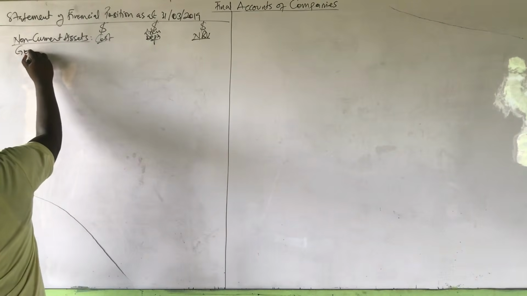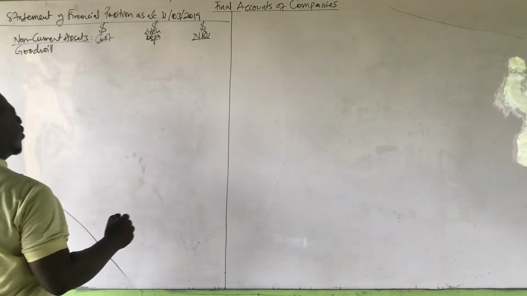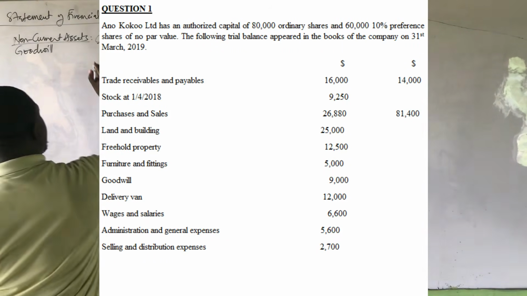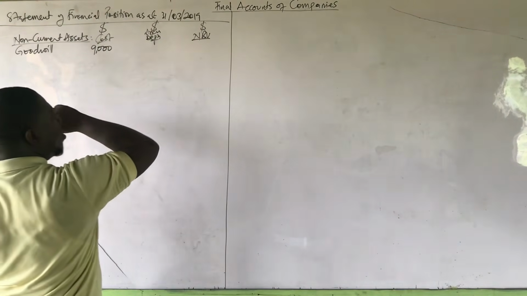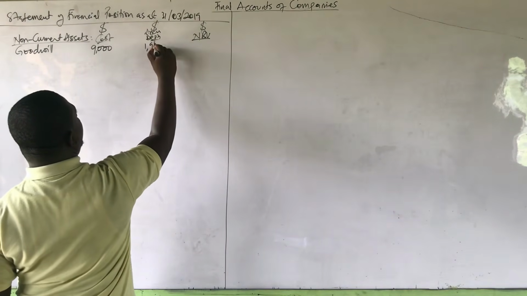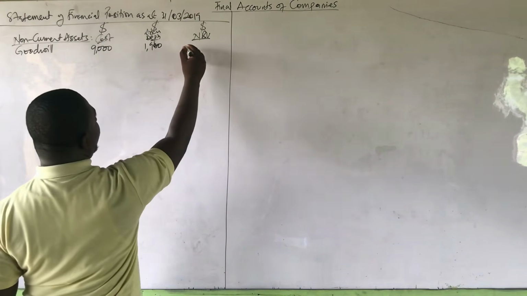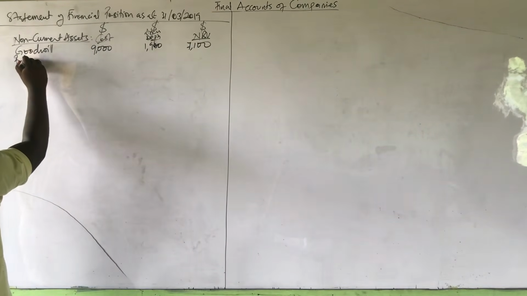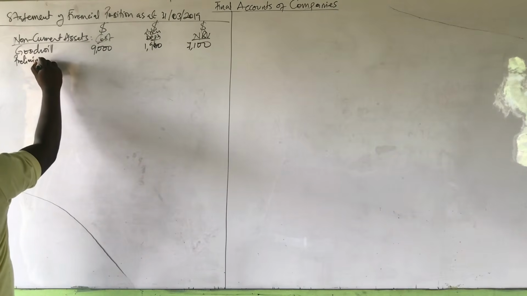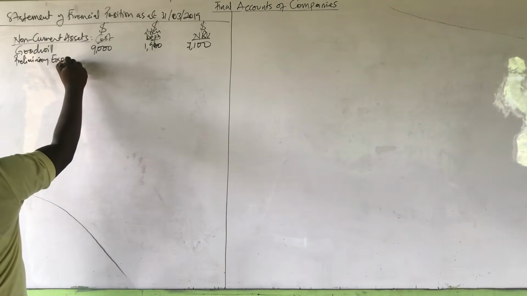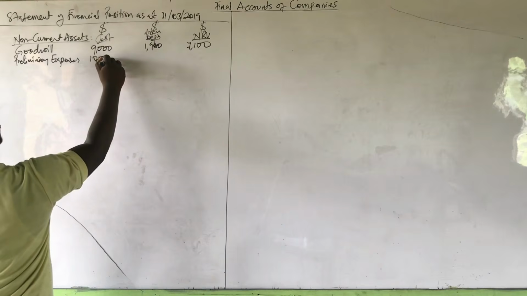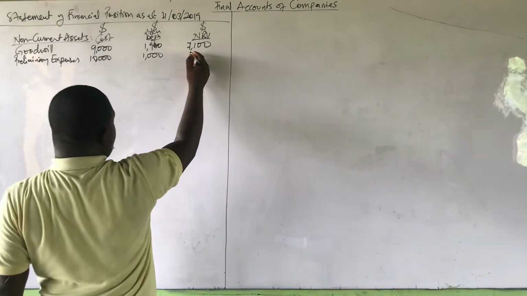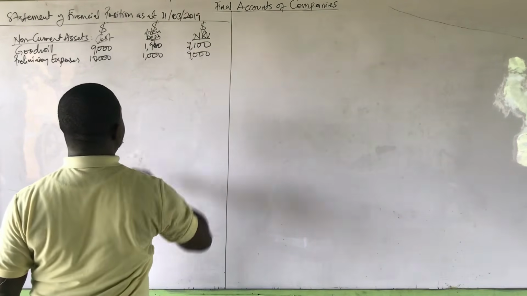So we had goodwill, which is an intangible non-current asset, and the value of goodwill was 9,000 from the question, and then we wrote off 1,900, so that is amortization of goodwill. So we have a final balance of 7,100 for goodwill, and then there was preliminary expense, which I explained to you. The value was 10,000. We wrote off 1,000 also as amortization. So we have 9,000 as a final value.